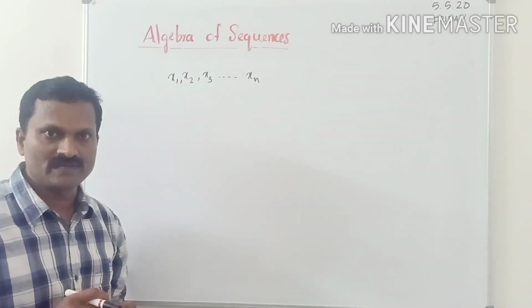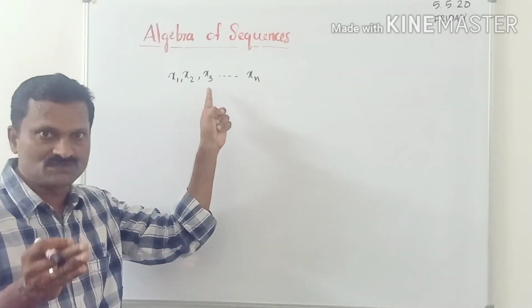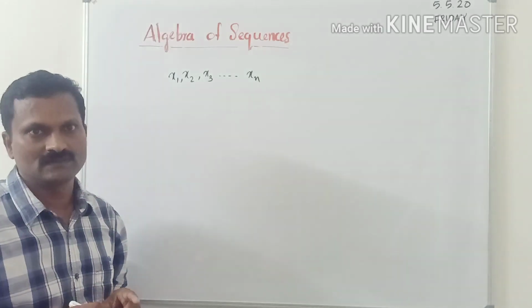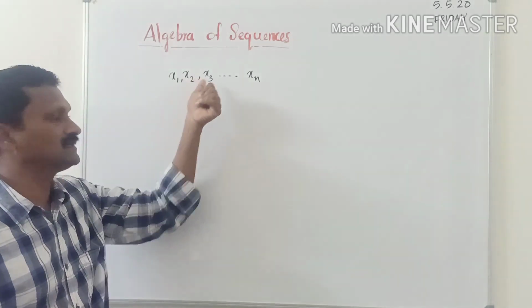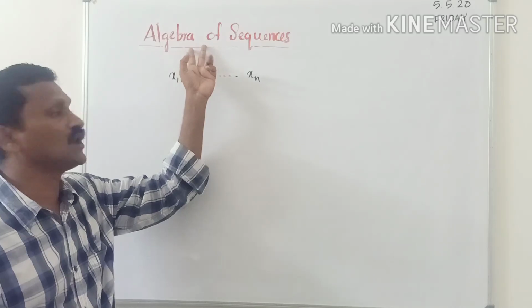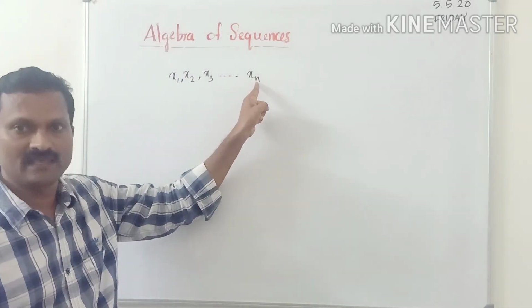Algebra of the sequence means how these terms of the sequence are related to natural numbers. There is a relation between the natural numbers and the terms of the sequence. This relation is called the algebra of the sequence, and this is denoted by xn.